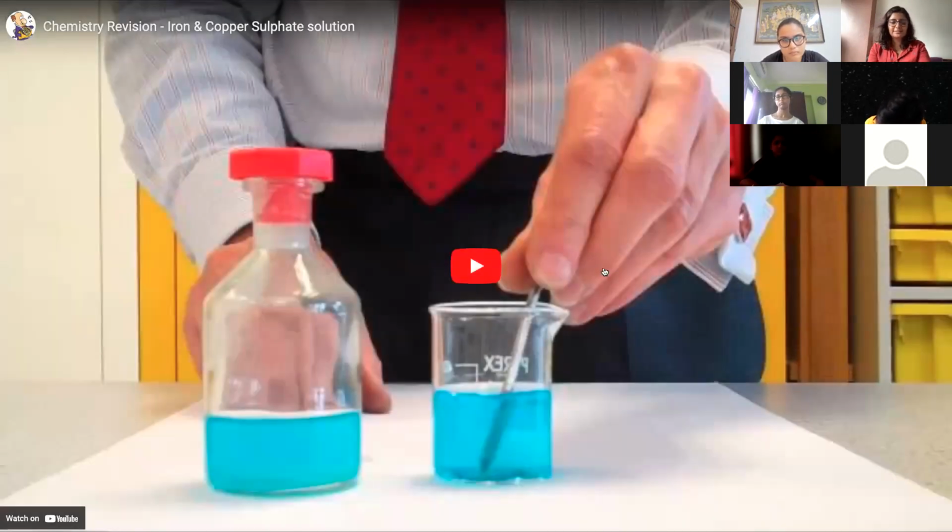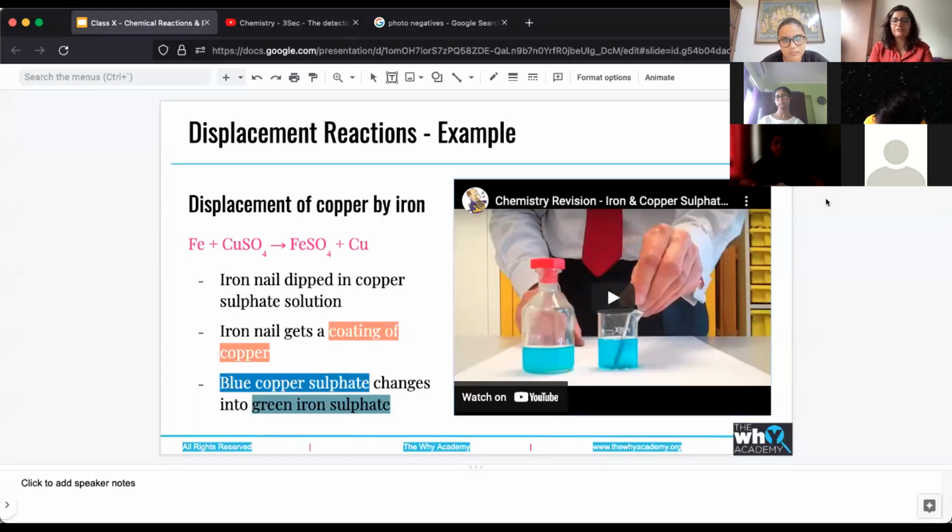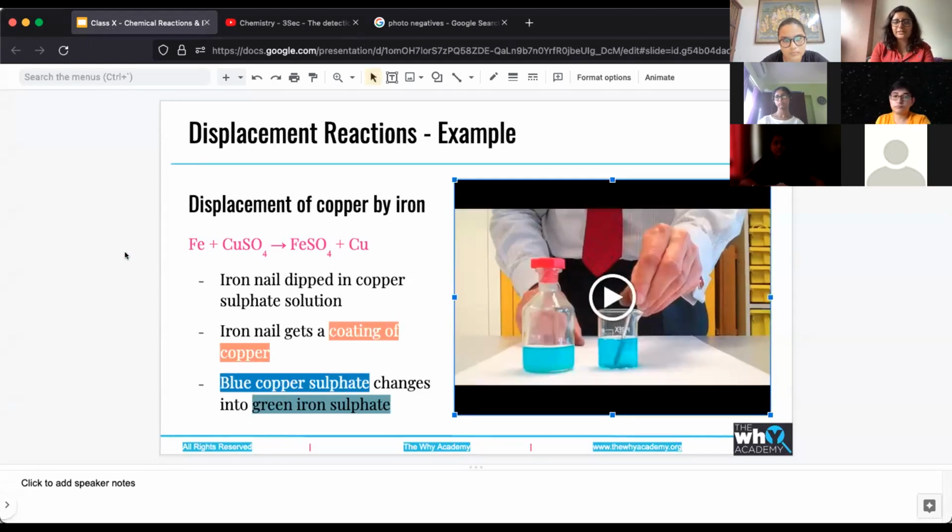Yep. So that's displacement of copper by iron. That's one example. This is the most visible visual example because you can see the color change, you can see the copper depositing and all of that. Okay. So iron nail dipped in copper sulfate: the iron nail gets a coating of copper.